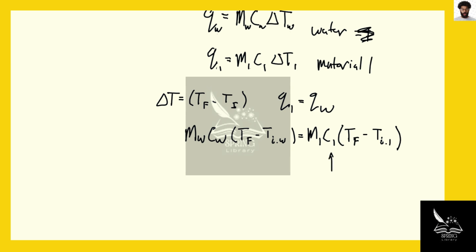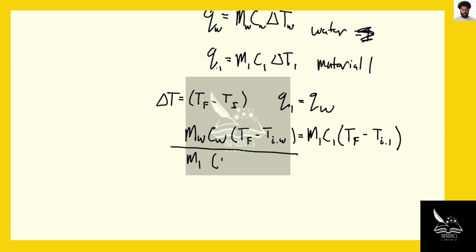And, well, lo and behold, C1, that's exactly what we're after, right? The specific heat of our unknown material. Okay, so we should be able to just divide all these things over and we'll be left with an equation for C1. That is, I should be able to just say, okay, let's put M1 over here. Let's put, not C1. We want to leave that where it's at.